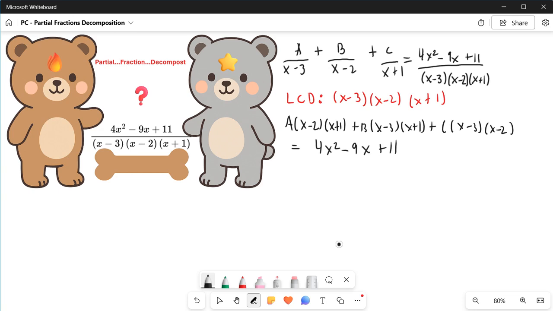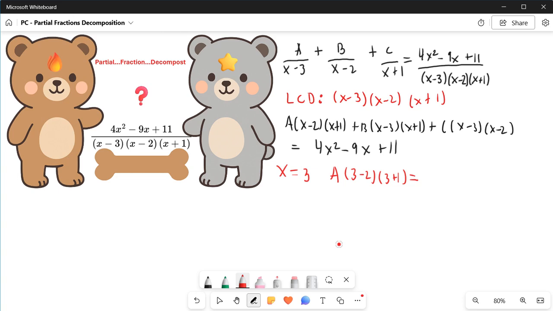Note that, for instance, if you plug in 3, for x equals 3, you're going to have A times 3 minus 2 times 3 plus 1. But then notice that everything else cancels out because 3 minus 3 is 0.